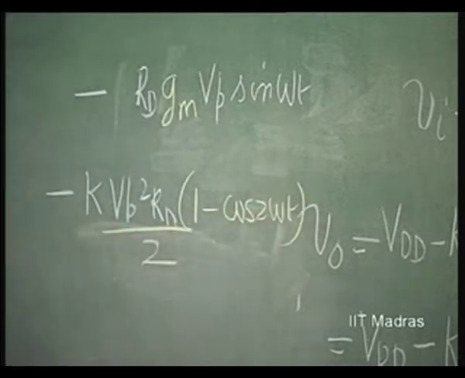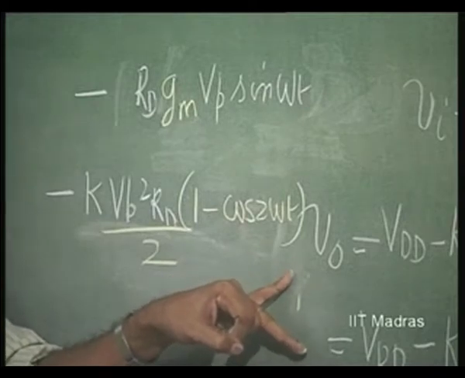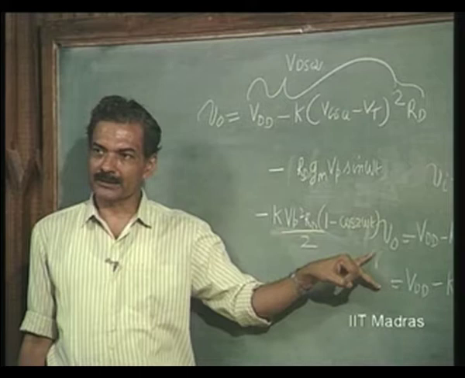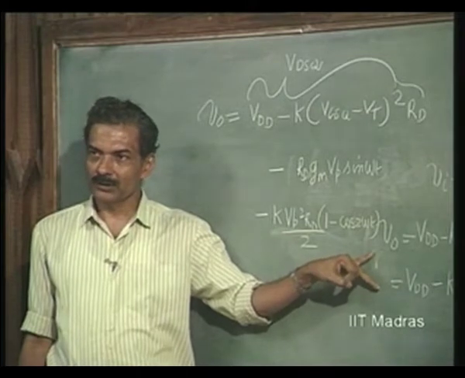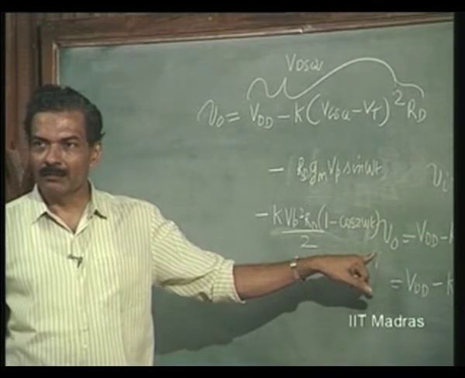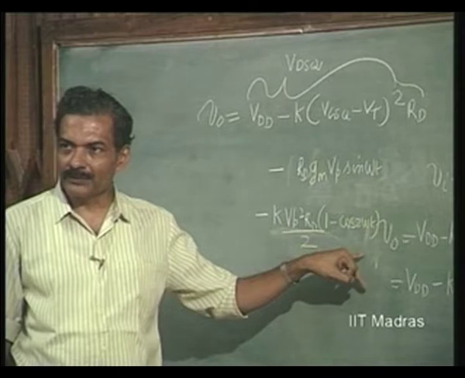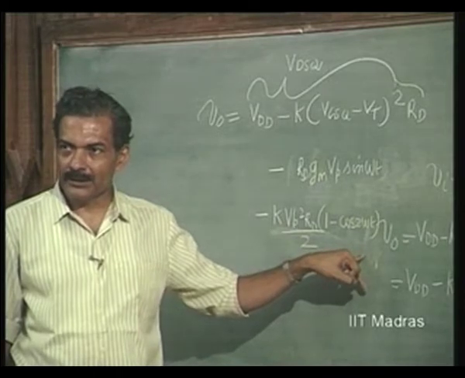So, you can see that this nonlinear term is contributing to a second harmonic distortion. Predominantly in a field effect transistor circuit, you do not have other higher harmonics, but predominantly second harmonic components are present, causing distortion.